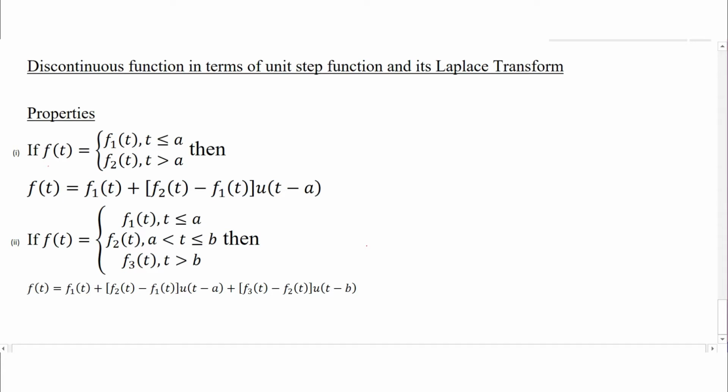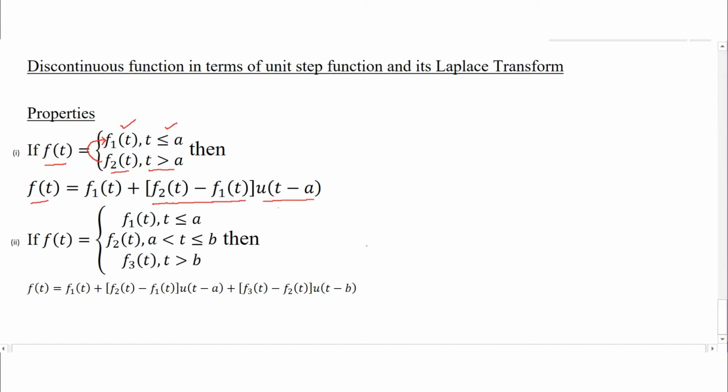The first property is if f of t is equal to f1 of t for t less than or equal to a, and f2 of t if t is greater than a, then the function f of t is represented by f1 of t, the first function, plus the difference of the second function minus the first function, that is f2 of t minus f1 of t, times u of t minus a.